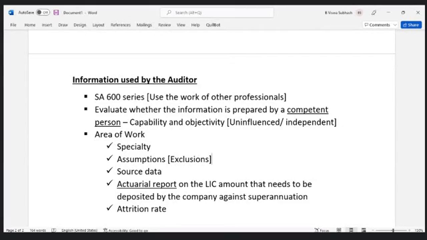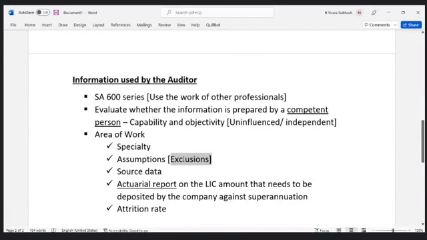But when you're looking at the type 2 report, it is much more detailed. It says whether the auditor believes the true and fairness has been established, whether the risks of material misstatement have been adequately taken into consideration or not. All that stuff is described in the type 2 report.